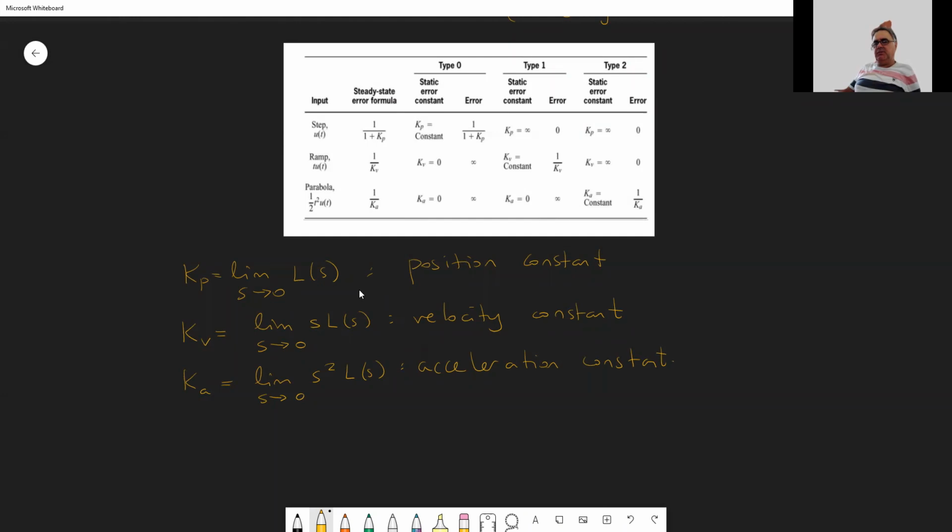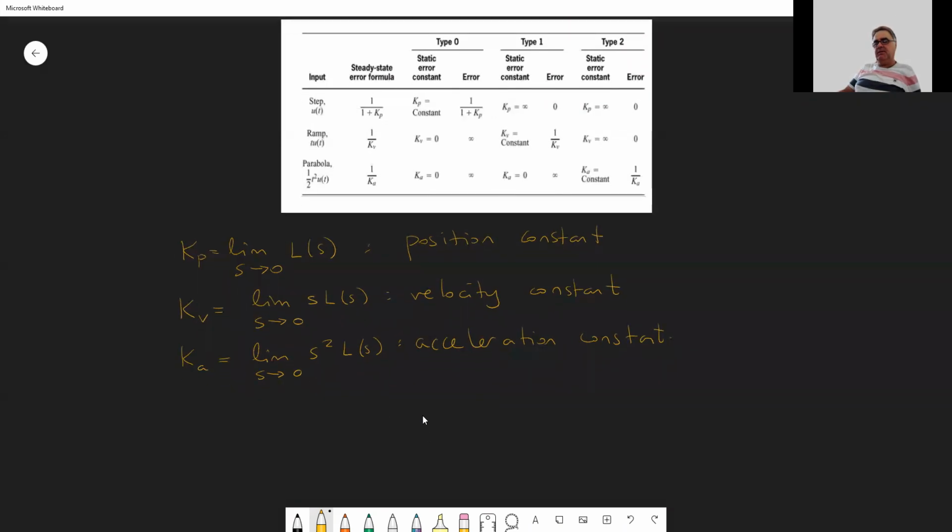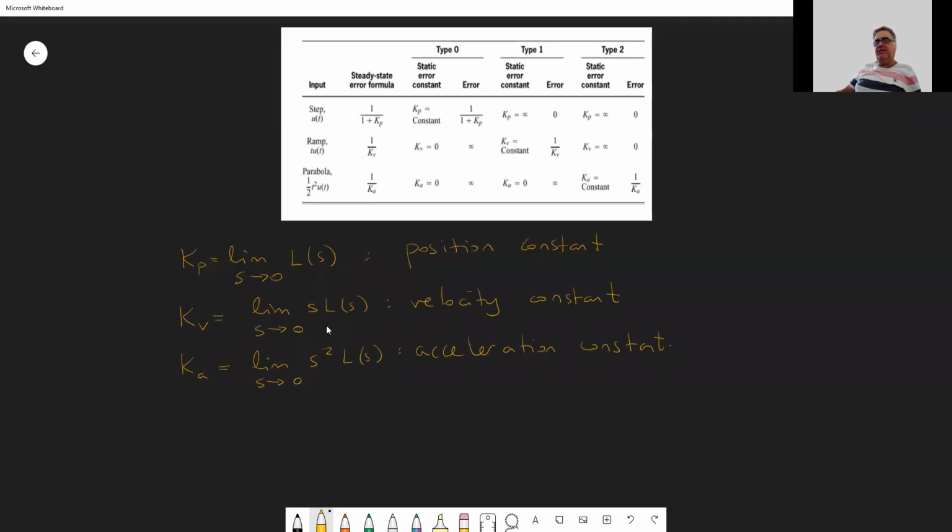Actually, we will see that L of s has to have at least one free integrator to have a finite value. So let me write that note: Kp, Kv, Ka are all equal to actually L0 of 0.